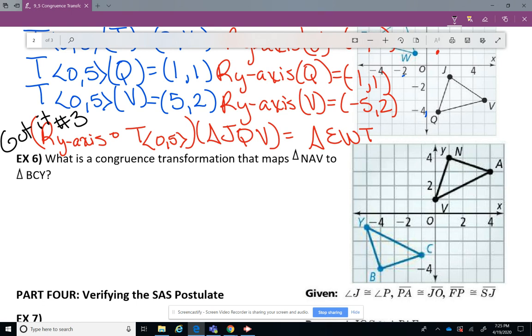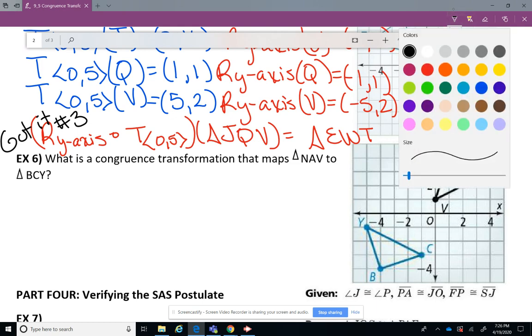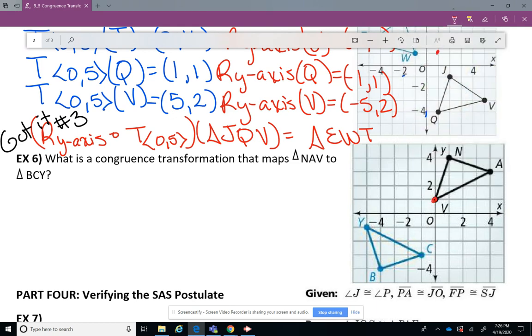What is a congruence transformation that maps triangle NAV to triangle BCY? All right, so let's see. Let's translate triangle NAV. Let's take V and let's move it down 1, 2, 3, 4, 5. That way it will be even with B. Okay. All right, so that's going to be V prime.